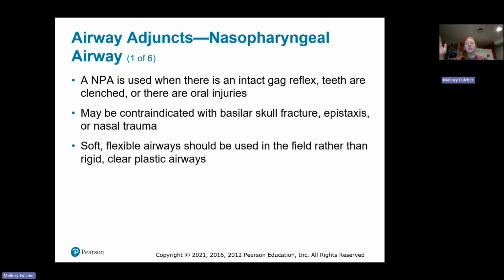Now, I know there's some discrepancies out there currently. Book standard, National Registry standard is currently that it is contraindicated with basilar skull fractures, nosebleed, or any sort of nasal trauma.